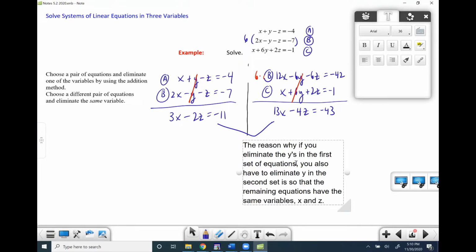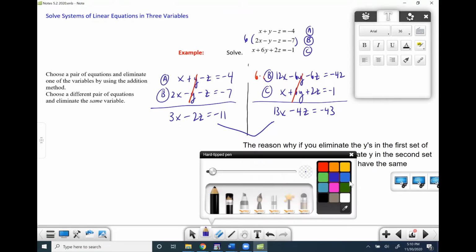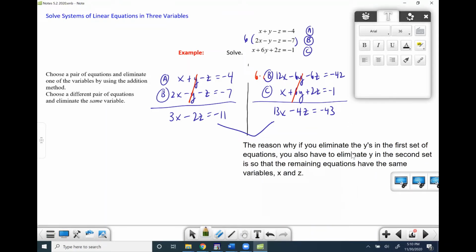If you got rid of the y's in both, then that means the x's and the z's will stick around. So that means we can put these together now. So that's what we're going to do. Now we're back in 5-1. This isn't a 5-2 problem anymore.